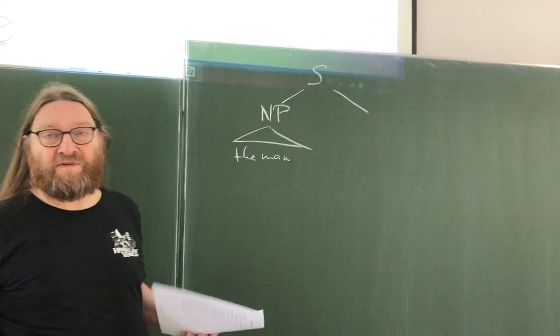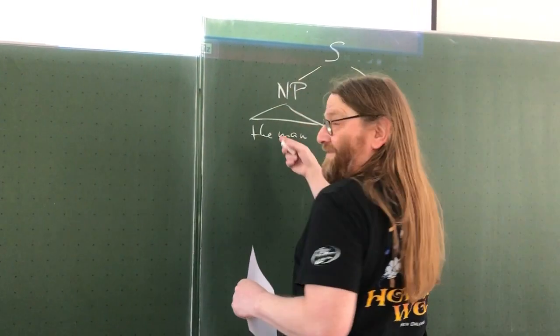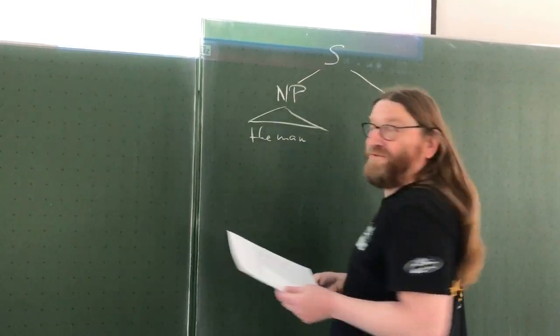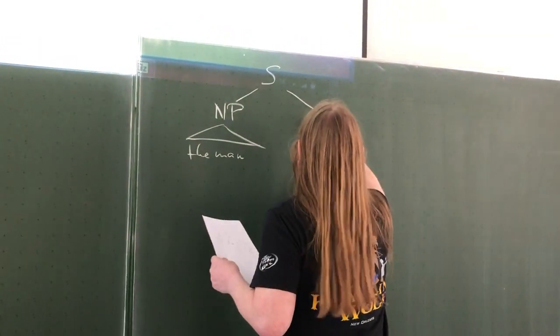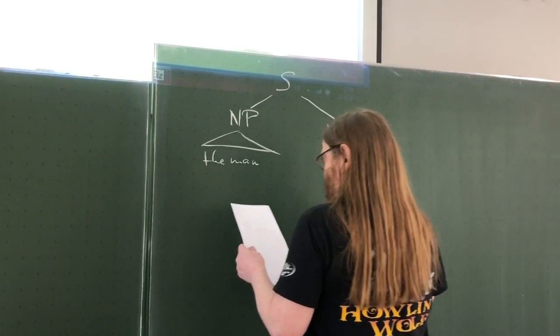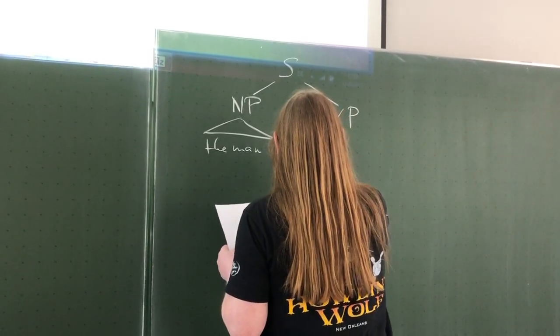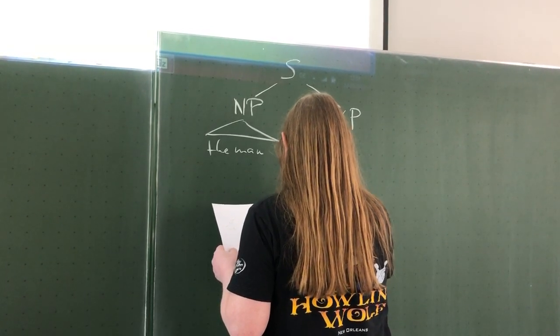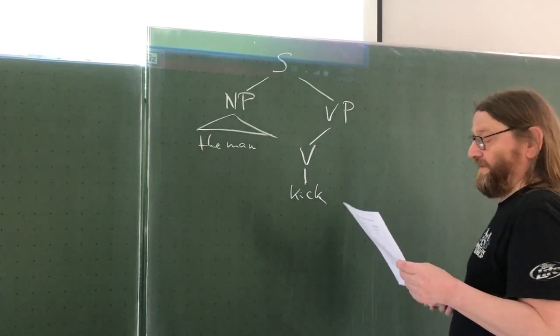All those examples generally are not brimming with fantasy, so this is likely to be a man. If a dog is in it, his name is likely to be Fido. Then we have the verb phrase. Let's say take a transitive verb such as kick.